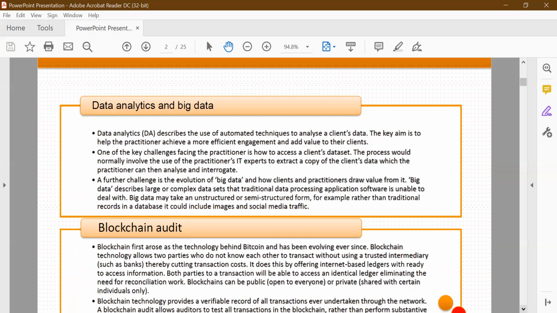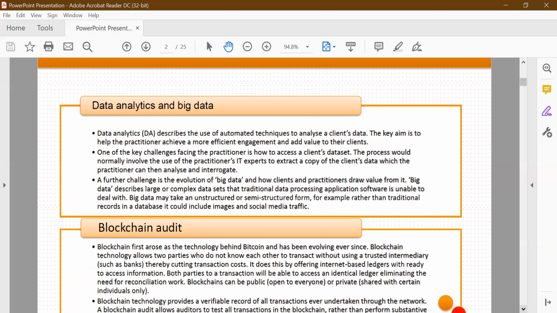And this helps the audit practitioner to achieve a more efficient engagement. One of the key challenges facing the practitioner is how to access a client's data set. The process will normally involve the use of practitioners' IT experts to extract a copy of the client's data, which the practitioner can then analyze and interrogate.